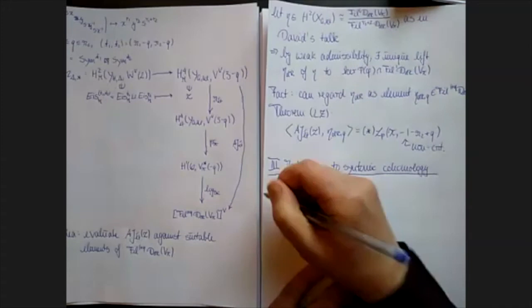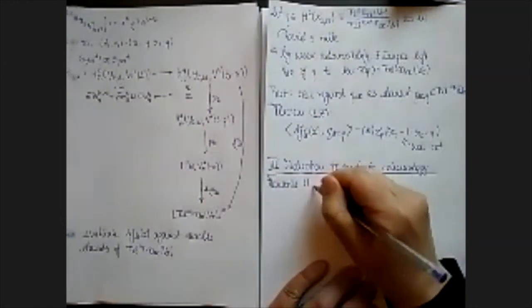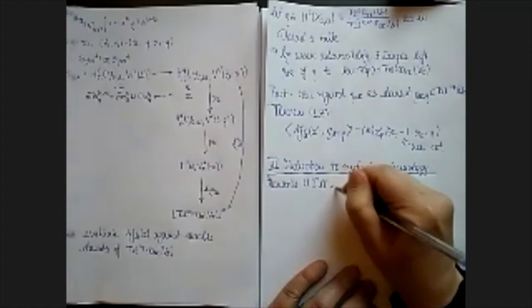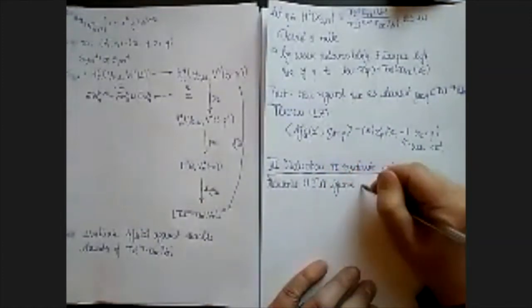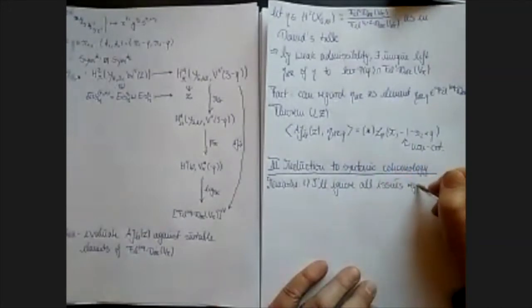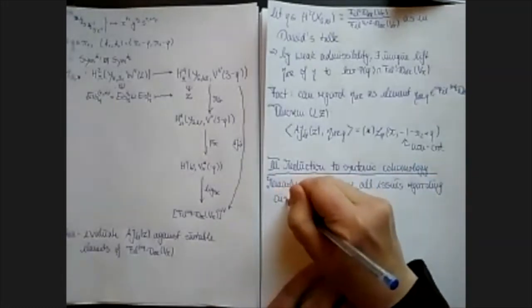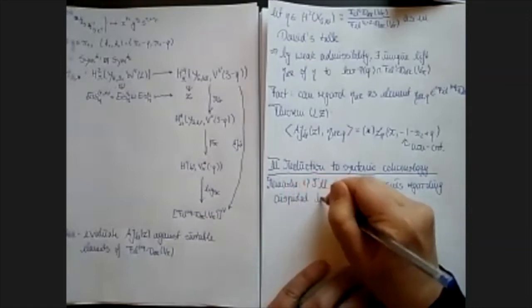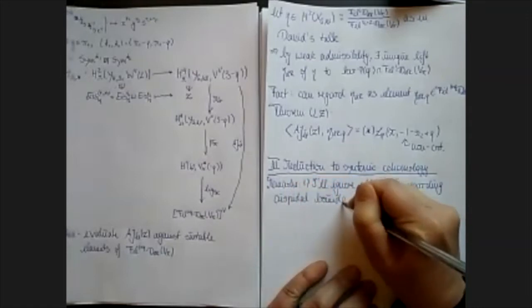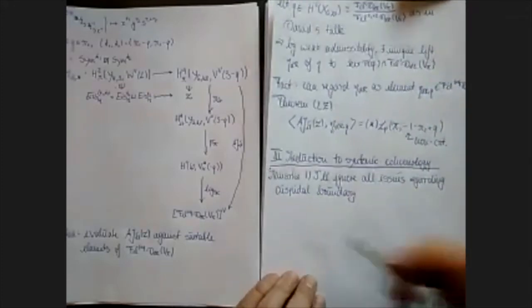The first one is that I will ignore all issues regarding the cuspidal boundary. It turns out that there are some rather delicate issues. I will hint at some of them later, but I'm not going to explain how we deal with them, and I'm not going to keep track of that.